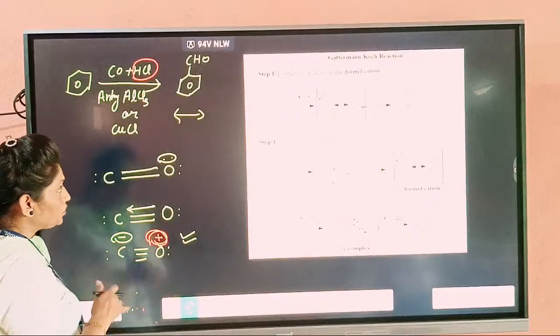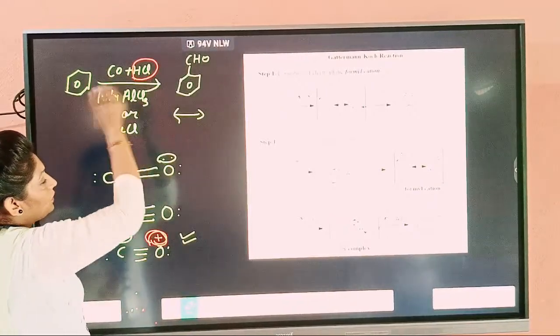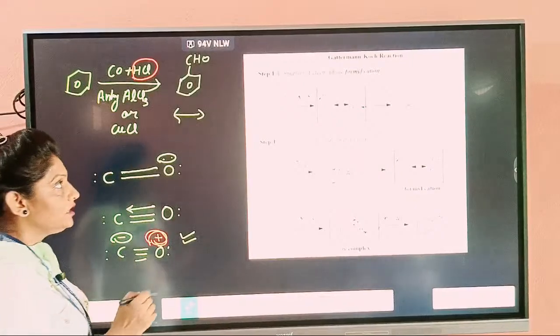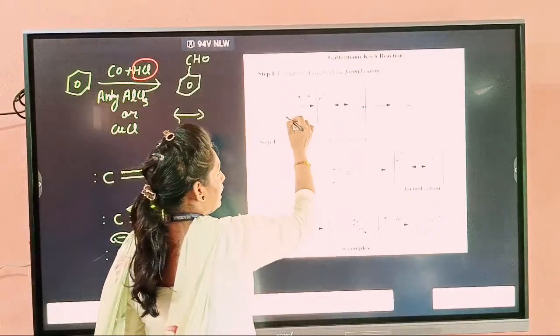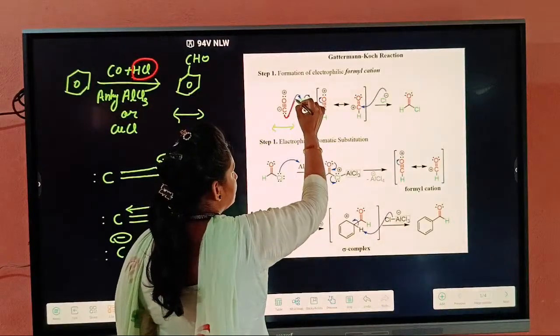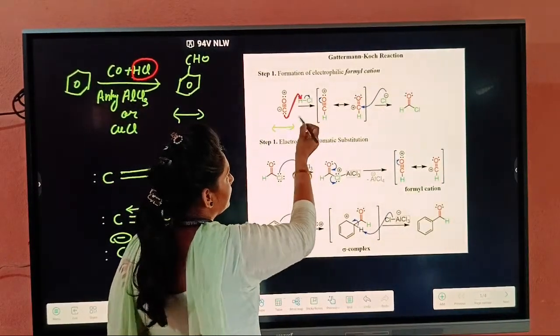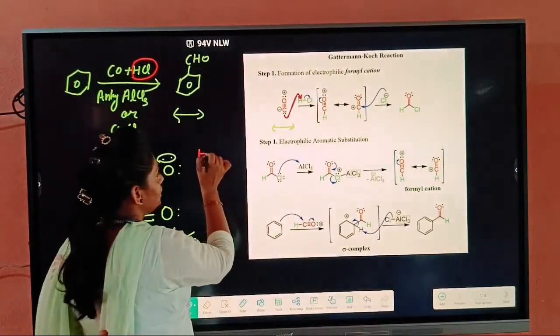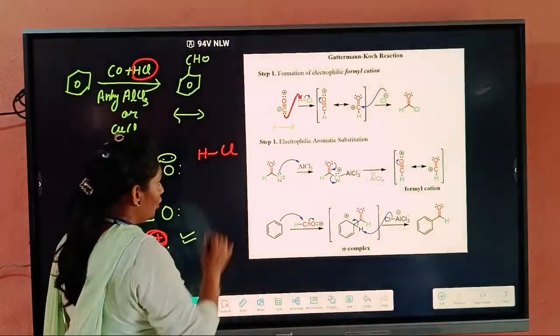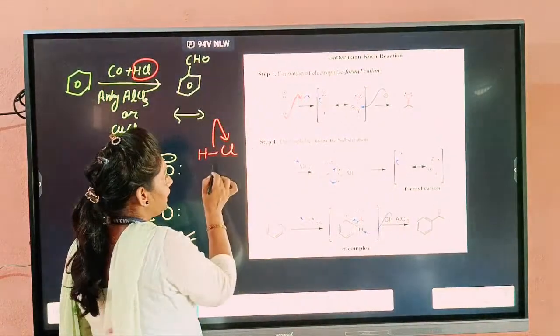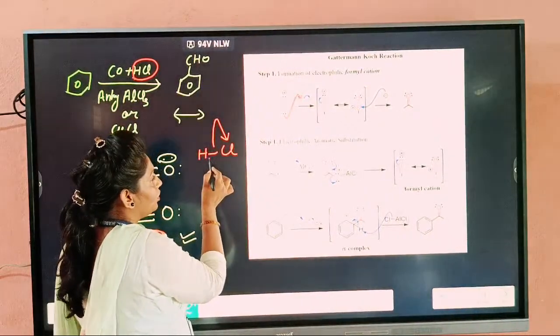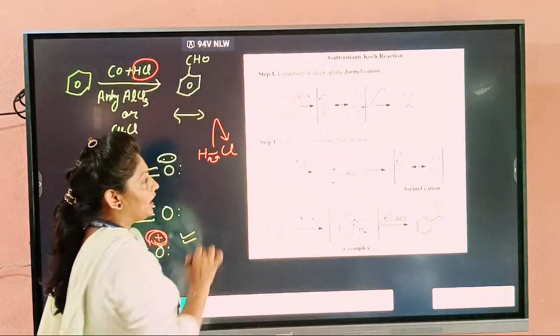Then what will happen, students? Because we have the presence of hydrochloric acid, this carbon will abstract this hydrogen. In hydrogen chloride, chlorine is more electronegative, so it has a tendency to pull the shared pair of electrons towards itself.